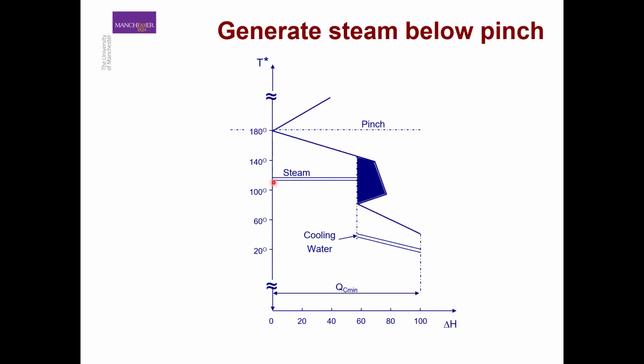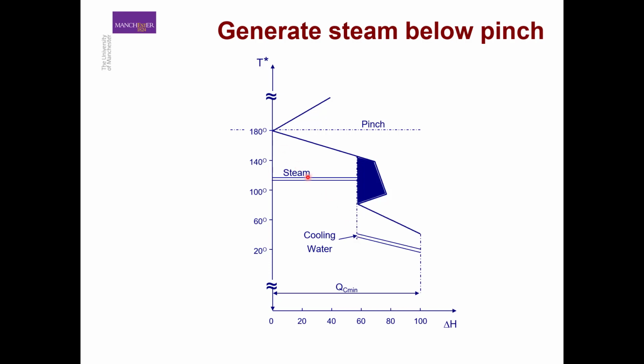Okay. So below this temperature of, let's say, around 120 degrees centigrade, we can use the remaining heat. For example here, up to this point, we have a temperature of 70, 80 degrees centigrade, so we are not going to produce steam at this temperature. So we can send this remaining process heat to the cooling water. Okay.